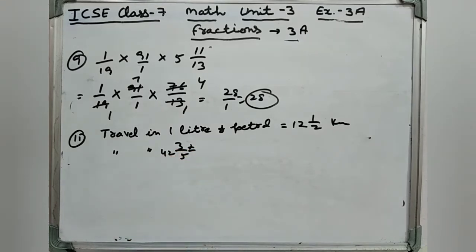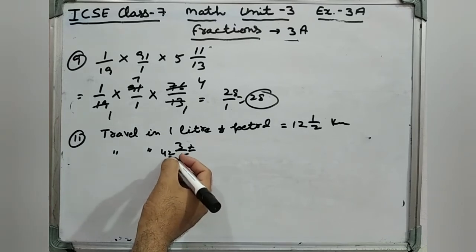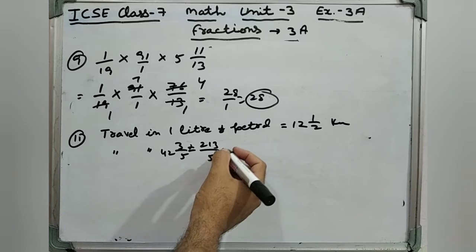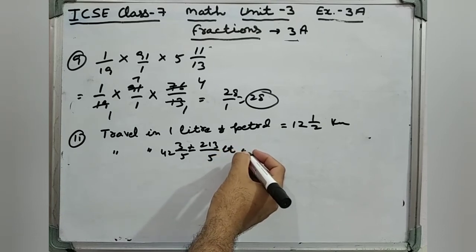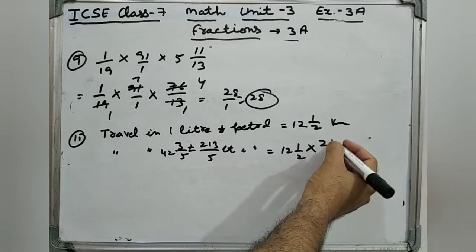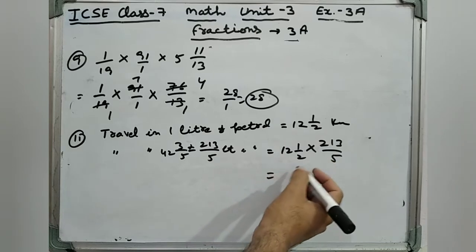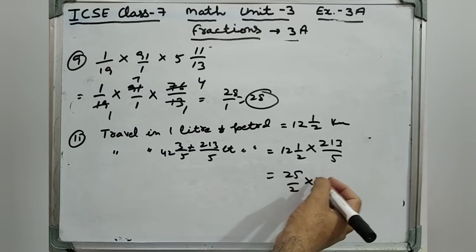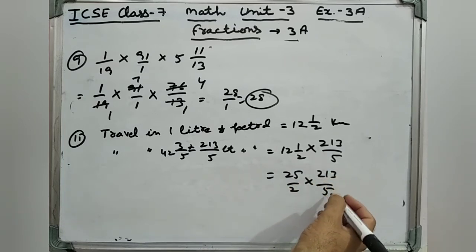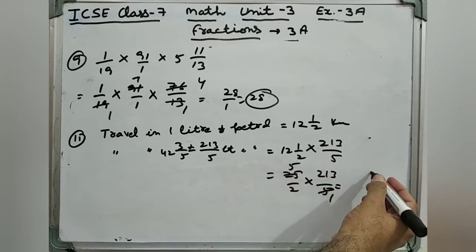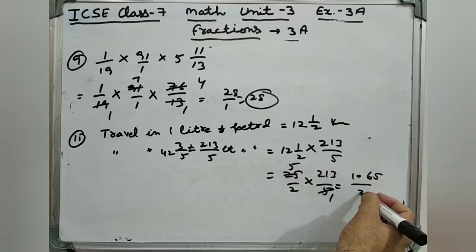Make it a proper fraction, 42 5 ja 210 plus 3, 213 by 5 liters of petrol equal to 12 1/2 multiplied by 213 upon 5. 12 2 24 plus 1, 25 upon 2 multiplied by 213 upon 5. 5 1 ja 5, 5 5 ja 25, 13 5 ja 65, 10 upon 2.